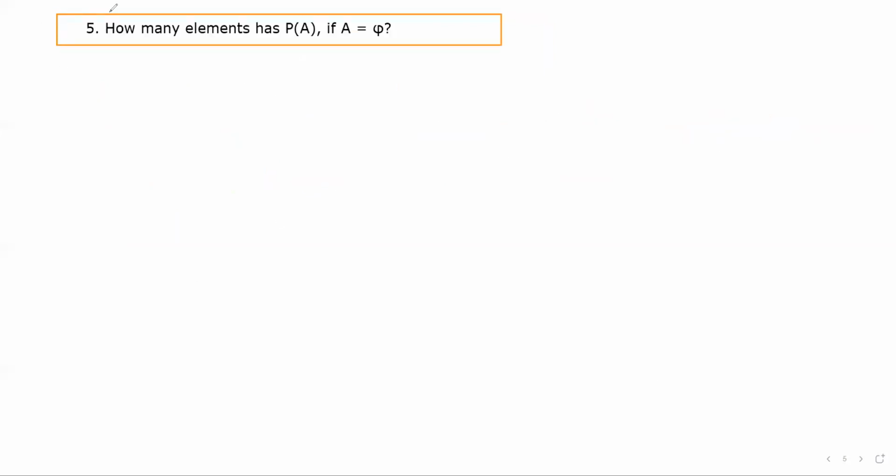Next, how many elements has power set of A if A is equal to phi? Now, if A is equal to phi, we just saw that phi is a subset of itself. Also, A will have 0 elements, so n of A will be equal to 0.